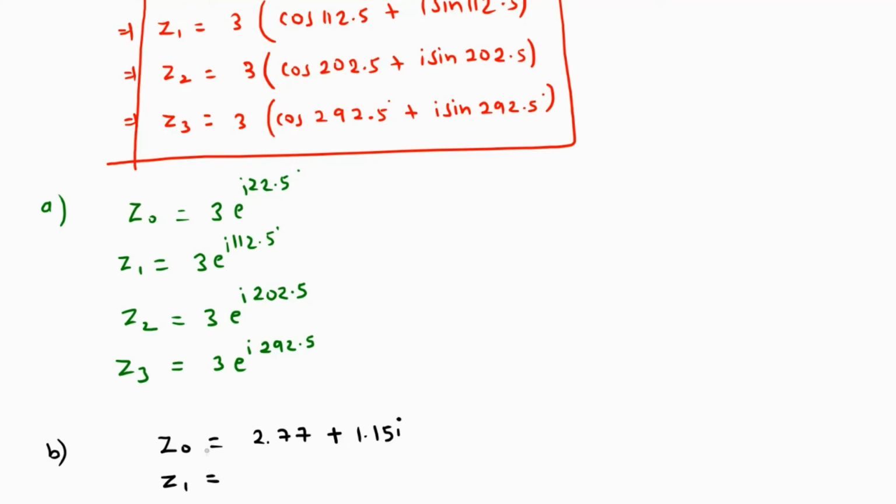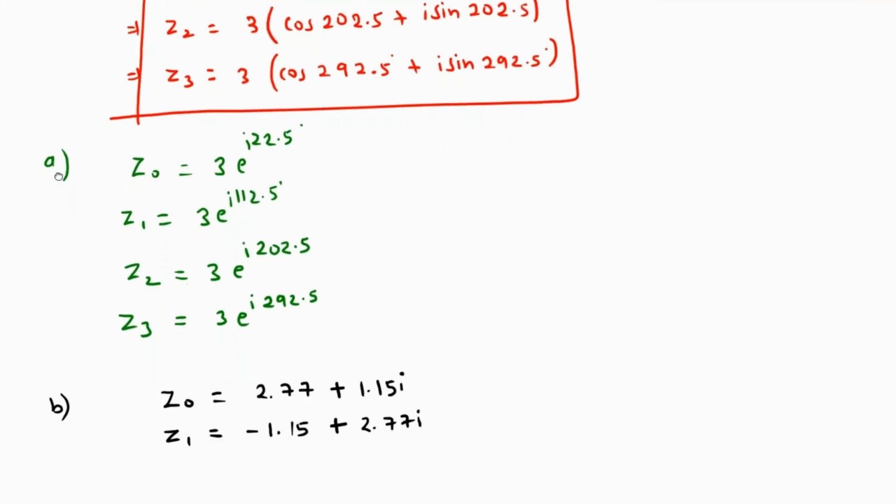There will be a pattern formed. This will be the same values, but the x and y coordinates will change. So z1 is negative 1.15, and the y coordinate is definitely positive, so sine of 112.5 times 3 is going to be 2.77i.